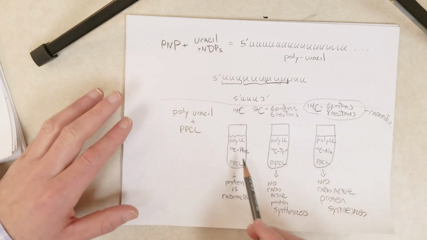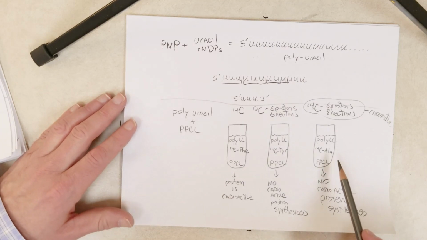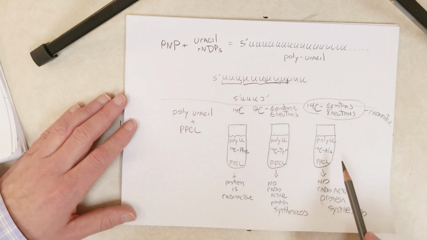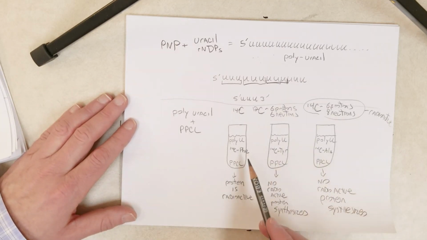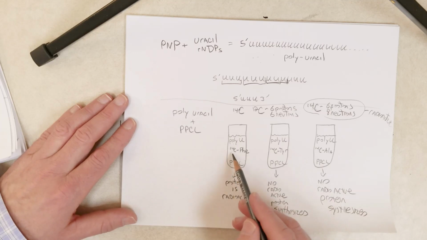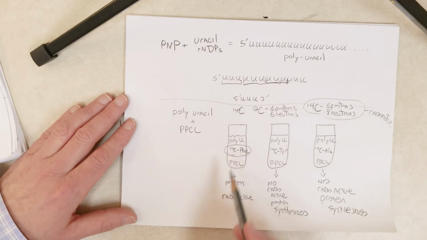So they did this experiment 20 times, one for each amino acid. And what they found was that only one of the test tubes, only one of the reactions resulted in a radioactive protein, and that's this one right here, the one where they added the radioactive phenylalanine.